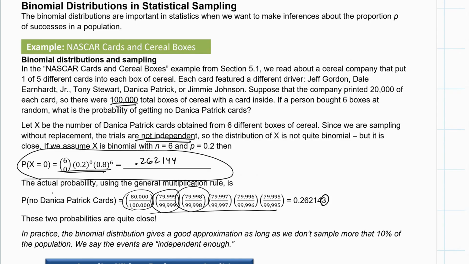Sometimes when we are doing these problems, especially when we are sampling without replacement, that means we're not putting something back in before we pull it back out, we think that as long as the sample size is really, really small compared to the population, we're independent enough that we're close enough to use the binomial tool, and it's not going to matter in any material way.